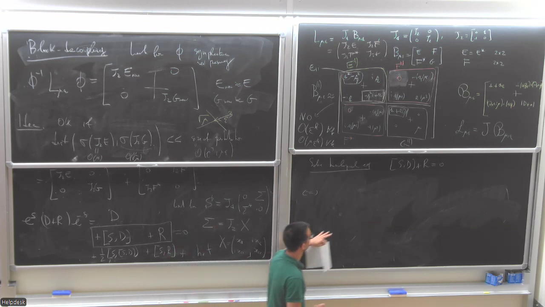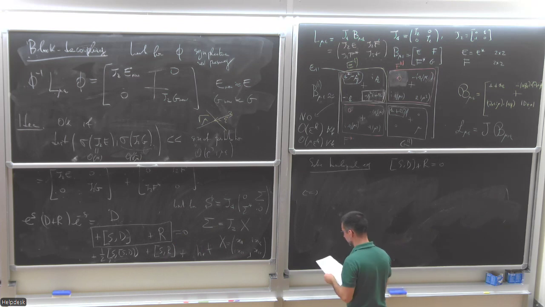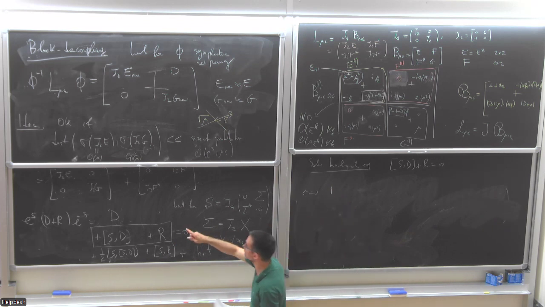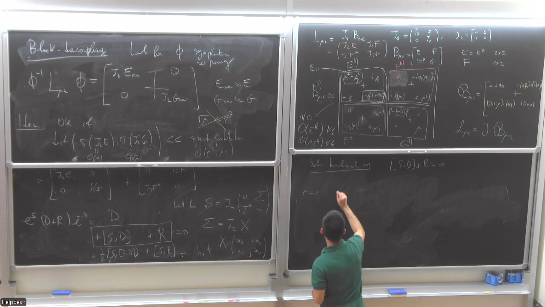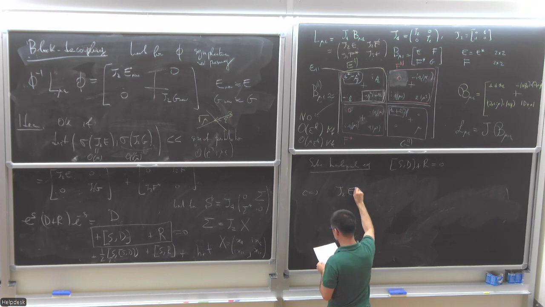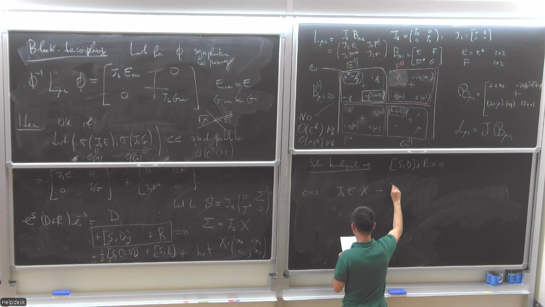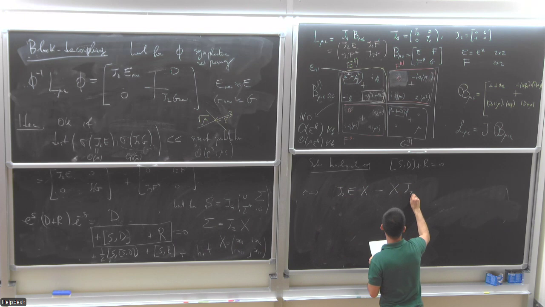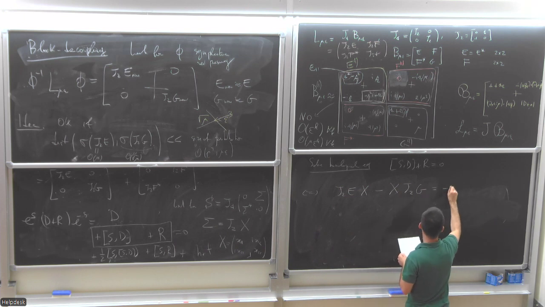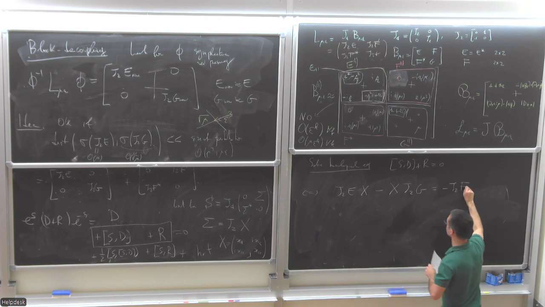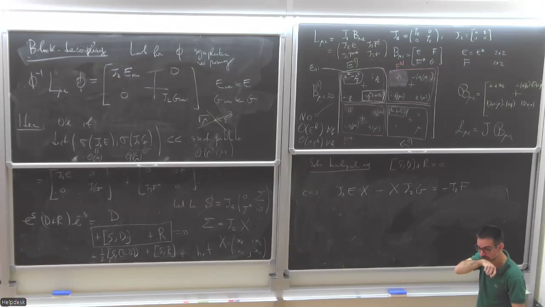Then this equation is equivalent to solving an equation of the form J2E X minus X J2G equal to minus J2F, with the computation.